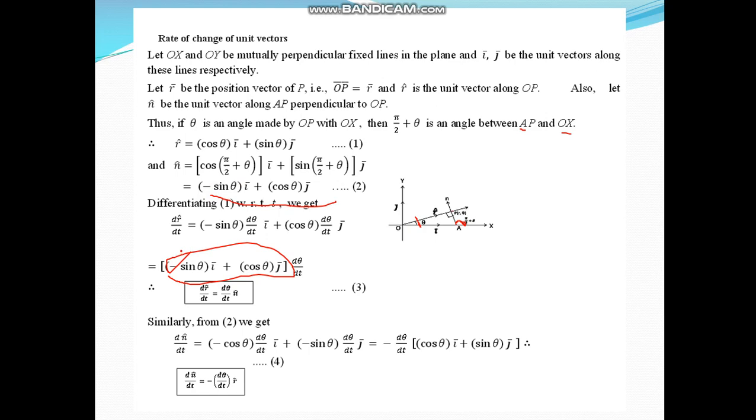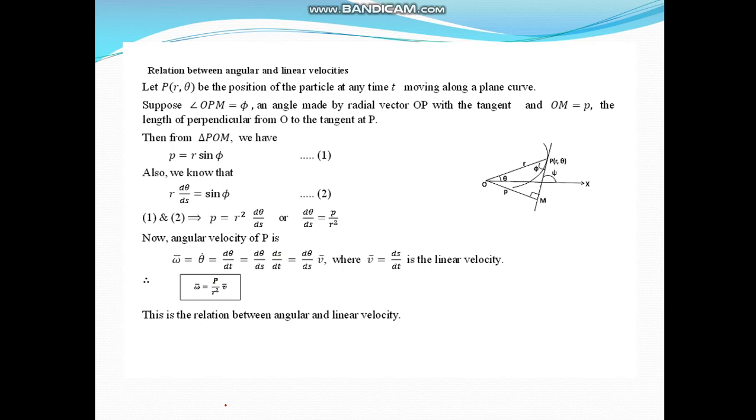So here the first relation is that dr cap by dt is nothing but d theta by dt multiplied by n cap. And similarly from the second, if you differentiate number 2, we'll get another result, that is dn cap by dt equal to minus d theta by dt times r cap.